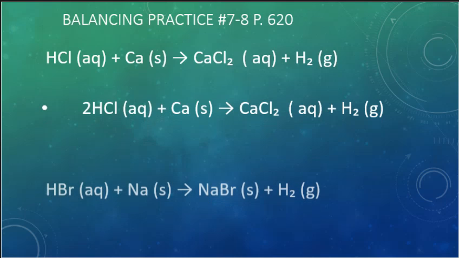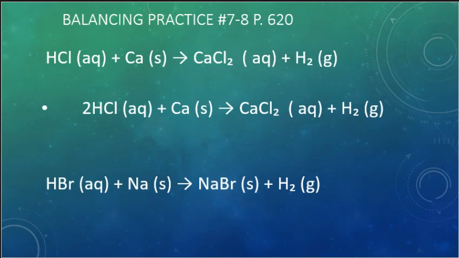Okay, here's our next one. Ready? HBr in its aqueous form plus sodium in its solid form is going to be sodium bromide in a solid form, and H2. Bummer, we were almost there, right? What do we have to do? That hydrogen messed us up, right? So what do we have to do? There's only one thing we can do at the beginning, which is put a 2 in the front, yes?